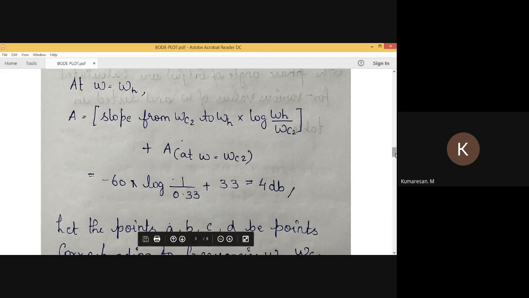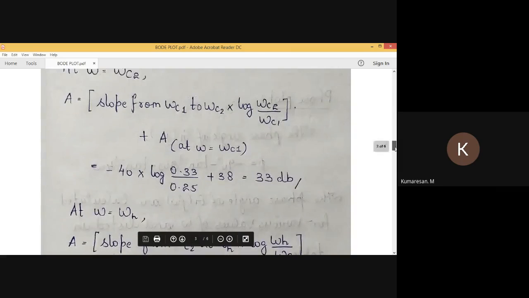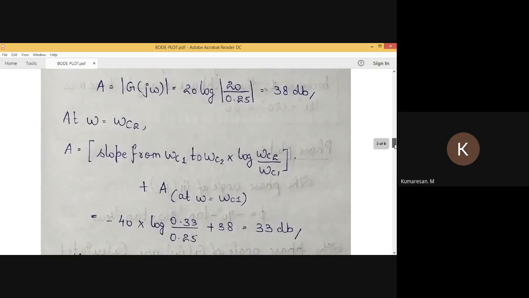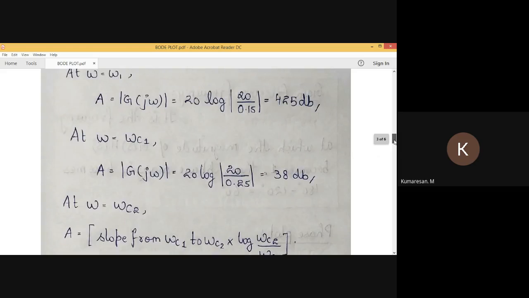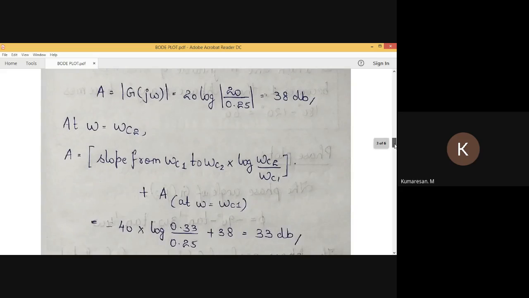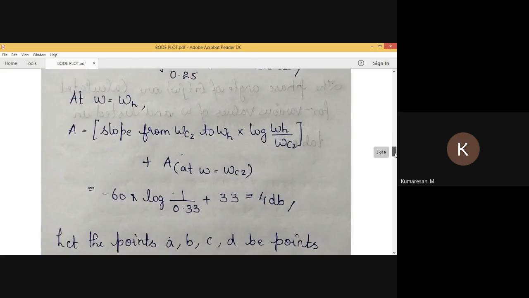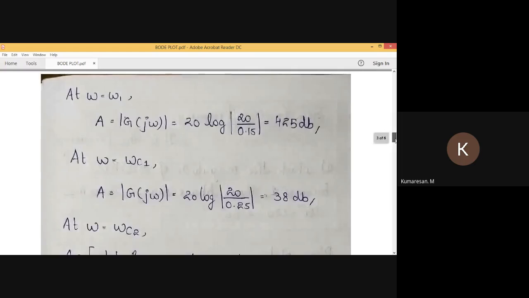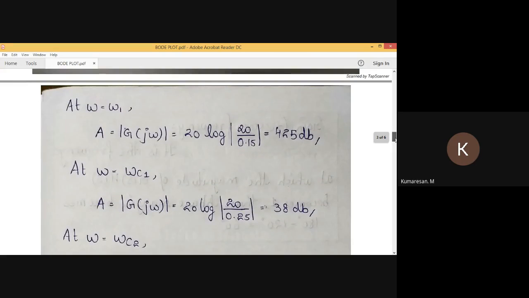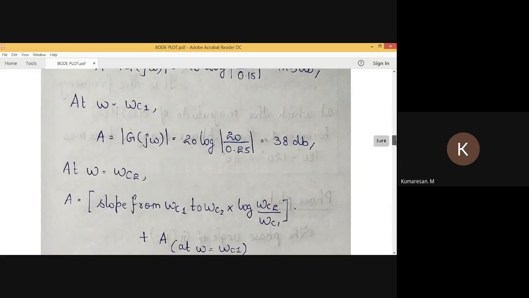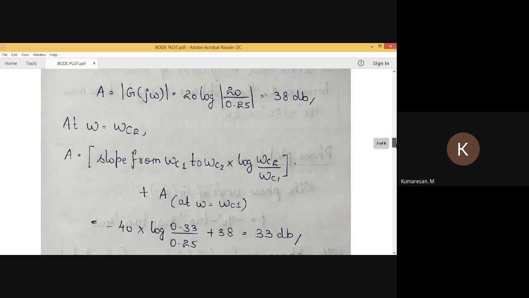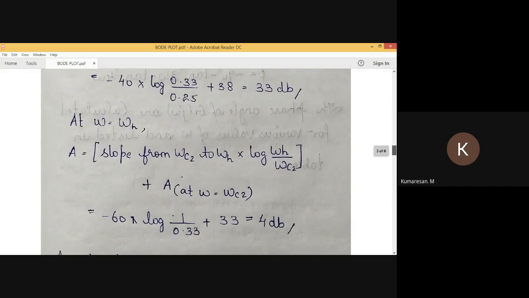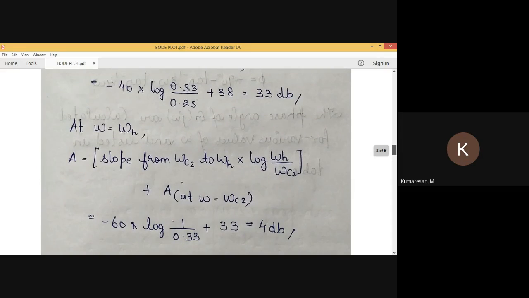So what are the values we get here? Four values: 42.5 decibel, 38 decibel, 33 decibel, and 4 decibel. The frequencies are the lower frequency 0.15, the first frequency 0.25, the second frequency 0.33, and the fourth frequency 1 radian per second.